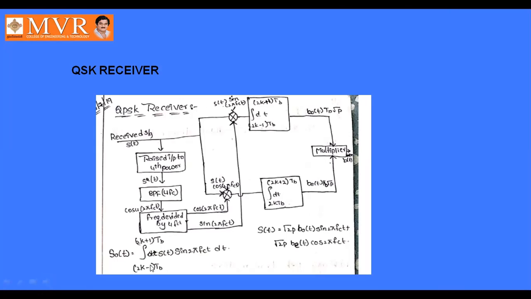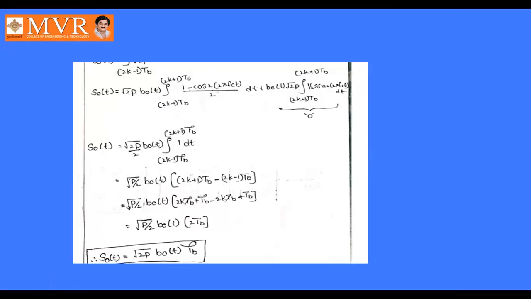b naught of t is equal to the integration from 2k minus 1 to 2k plus 1 into tb. So this is your integration here. What is the signal? S of t into sin 2 pi fct into dt. So I am integrating that equation from 2k minus 1 into tb to 2k plus 1 into tb. A sinusoidal signal with sinusoidal variation has integration value 0. So we get root 2p b naught of t, sin 2 pi fct times sin 2 pi fct, sin square 2 pi fct, which is 1 minus cos 4 pi fct by 2.